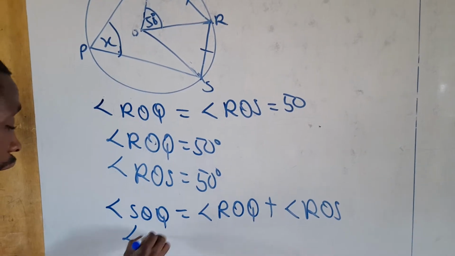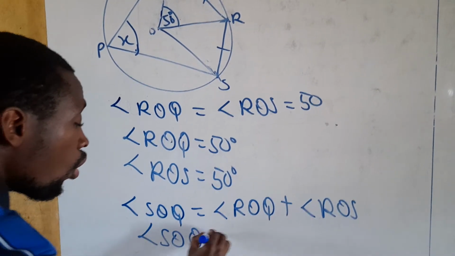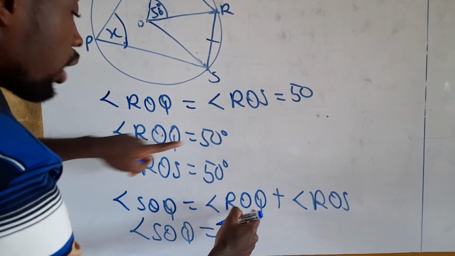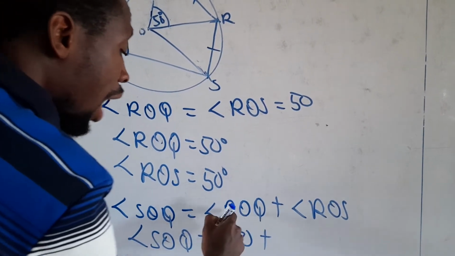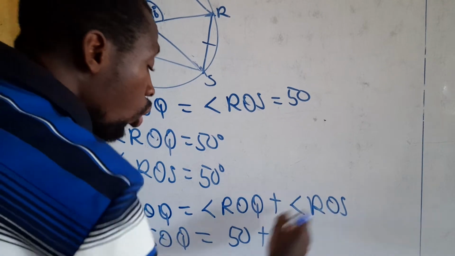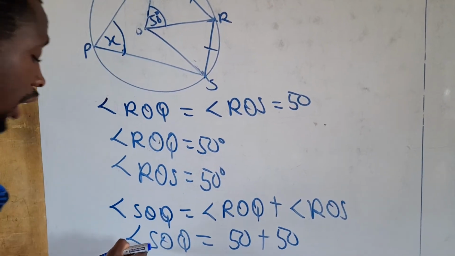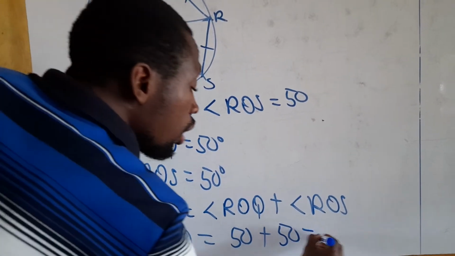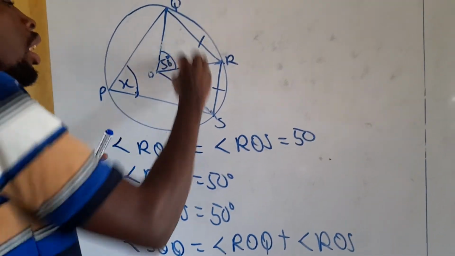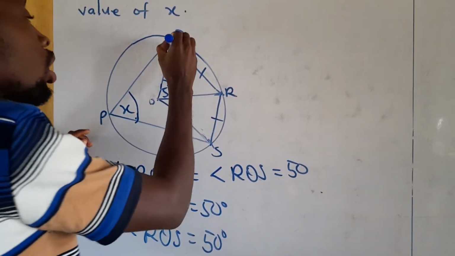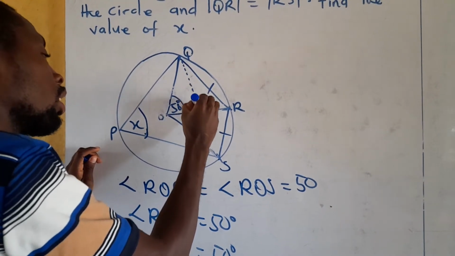So angle SOQ will be equal to, what's ROS? ROS is 50 degrees plus ROQ is 50 degrees. Then you can say angle SOQ is equal to 100 degrees. So the angle here is 100 degrees. Remember, we have a chord here. Look at it. There is a chord.